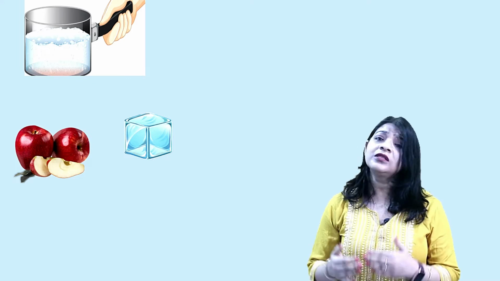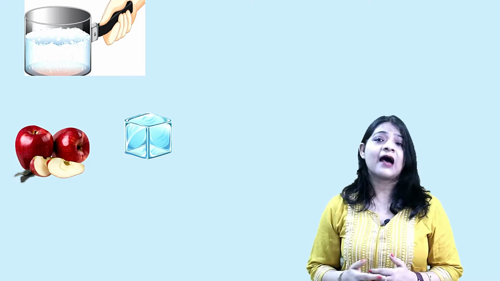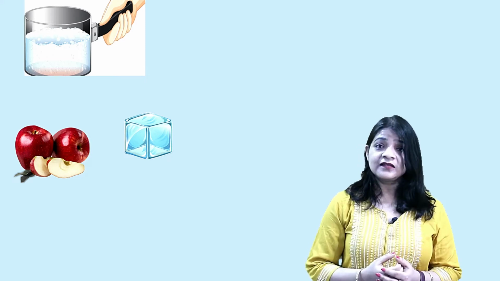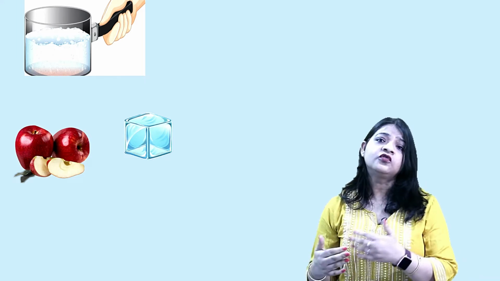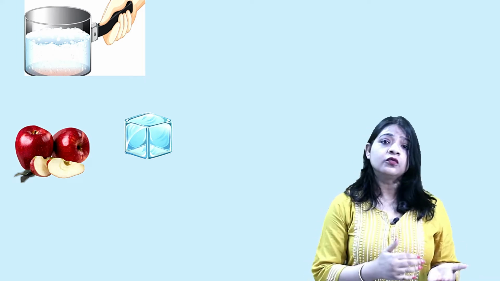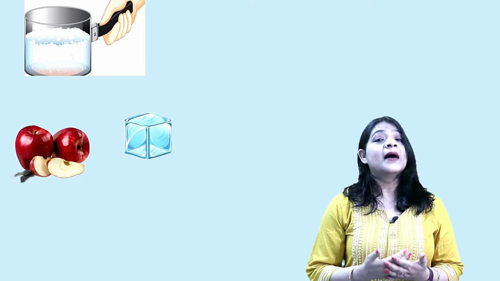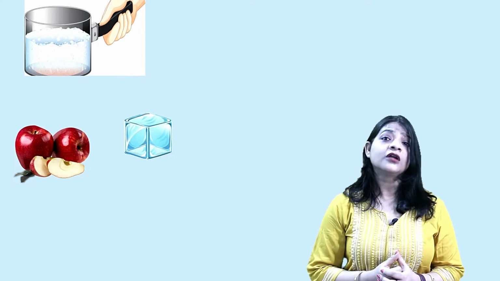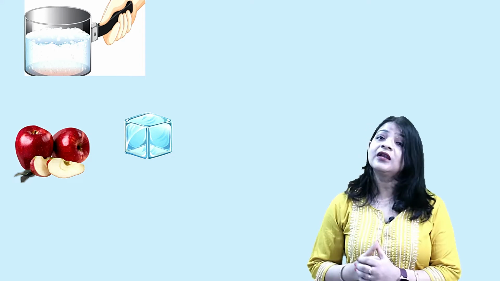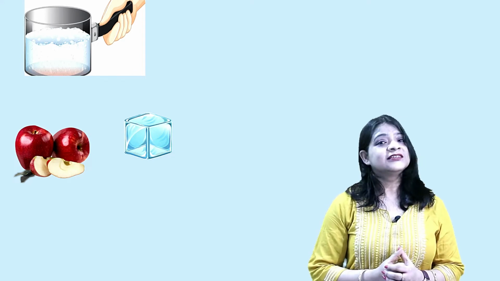So all these examples tell us about the changes where the matter transforms its form from solid to liquid or liquid to gas, but the identity of the substance is not lost or the chemical composition is not changed.